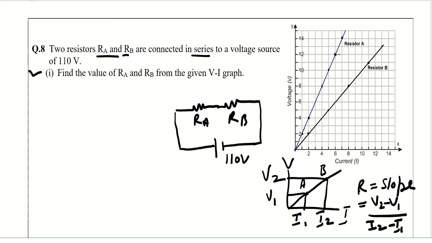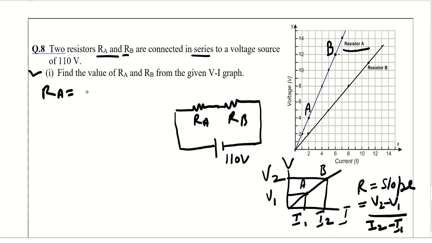So let's take RA. What you have to do here is choose any two points anywhere. Let's say this point here I am choosing as point A, and this point I am choosing as point B. So here I am calculating for RA.